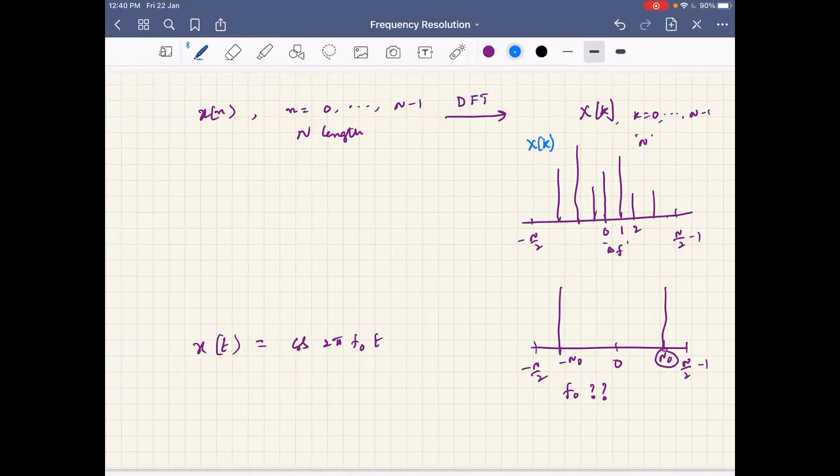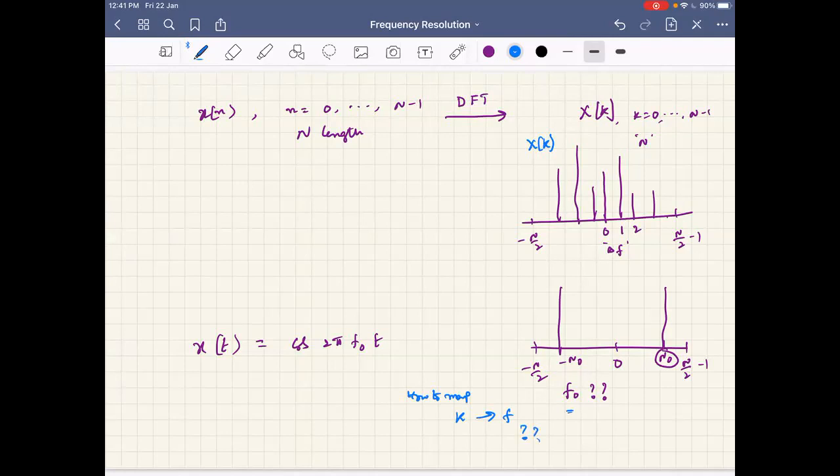To which continuous domain frequency components do they correspond? That's the question. The idea is to map k to f, and how to map k to f is what we are discussing.